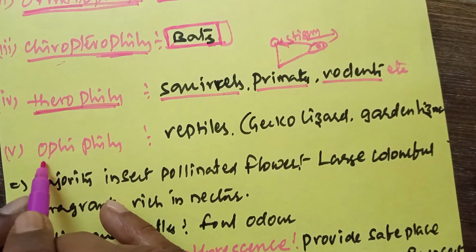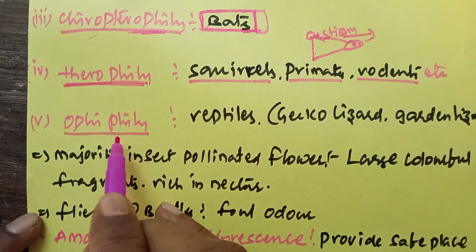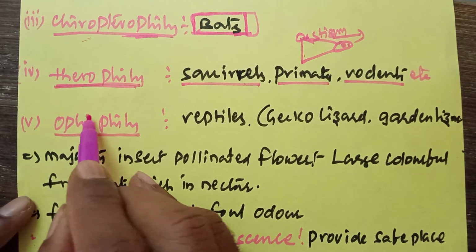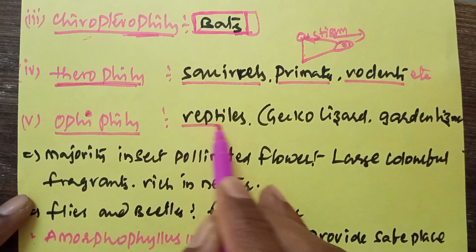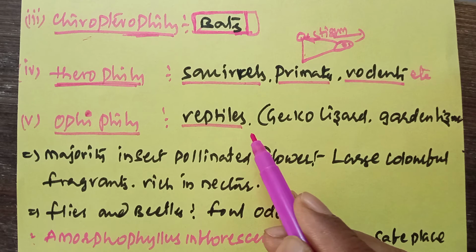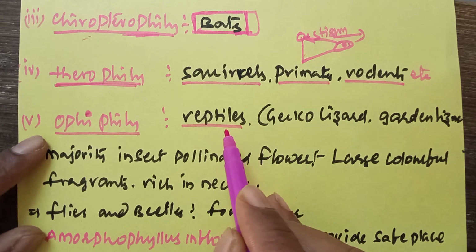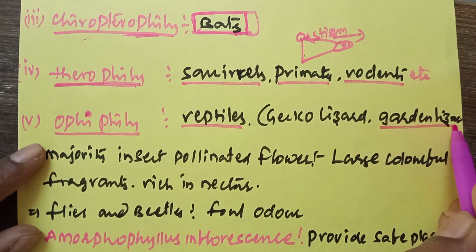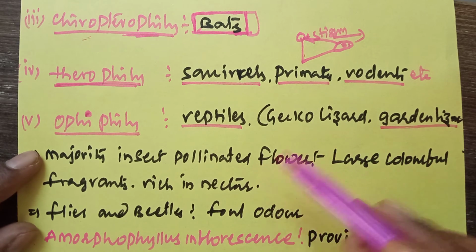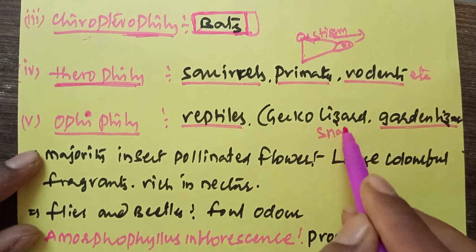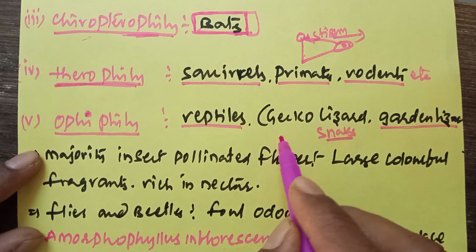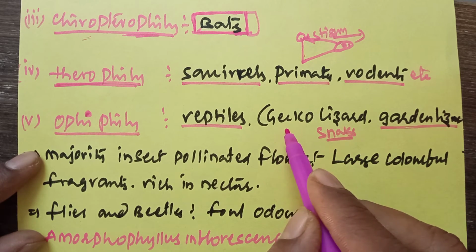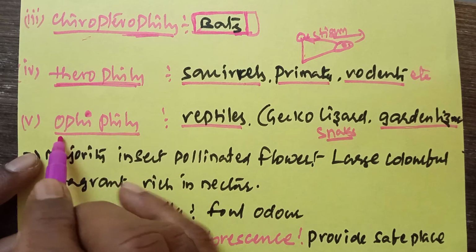Next, ophiophily. Ophiology means the study of reptiles. So reptiles like geckos, garden lizards, snakes, etc. participate to transport pollen grains from the anther to the stigma.